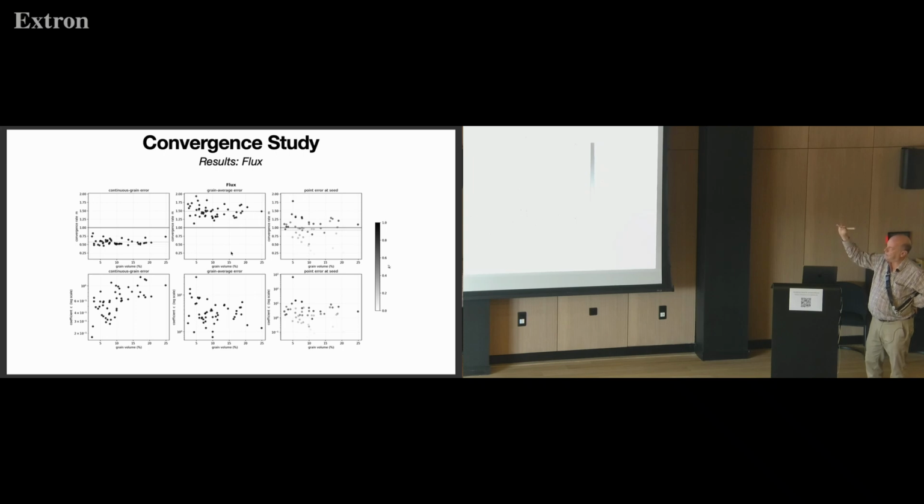But what's happening is that we're not looking at the actual grain average error, because when I calculate the grain average, again, the grain doesn't match the true grain. So there's an error there, which actually loses the same half a degree.